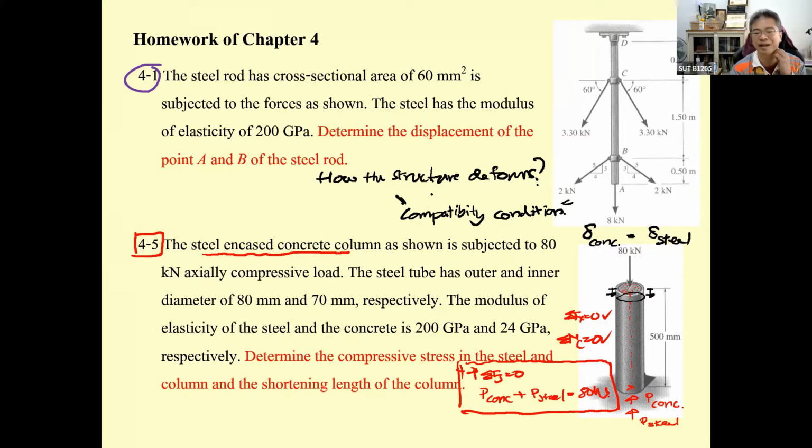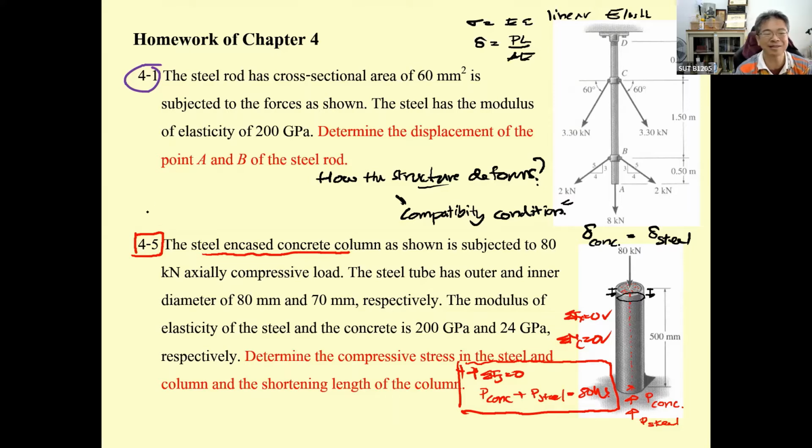That is going to be the concept of compatibility condition. And by doing this, if you go back to what we have, sigma equal to modulus of elasticity times the strain, by the linear elastic behavior, we have delta equal to PL over AE.